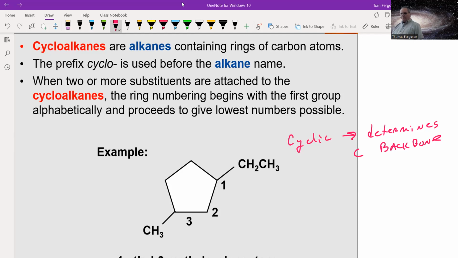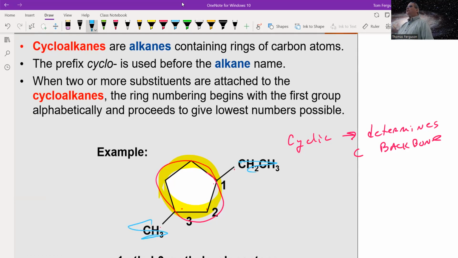So this here, we're not going to go 1, 2, 3, 4, 5 as far as the longest chain, because it's cyclic. That means that's automatically the backbone. In this case, we've got two branches off the cyclic backbone. One an ethyl group, 2 carbons, one's a methyl group.